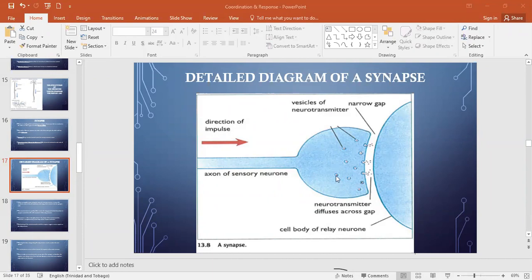So electricity here is grounded off, but these chemical transmitters will initiate another jolt of electricity, which contains the same message. And it will travel along the axon of the other neuron until again it reaches the end, and you will have this whole process occurring once more. All right.